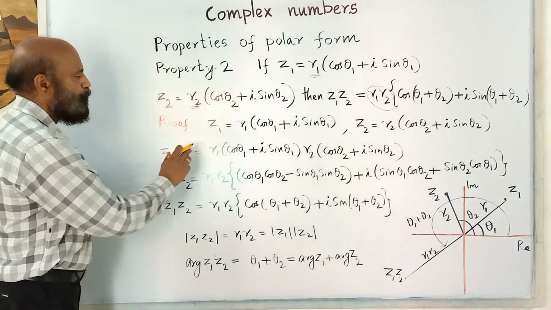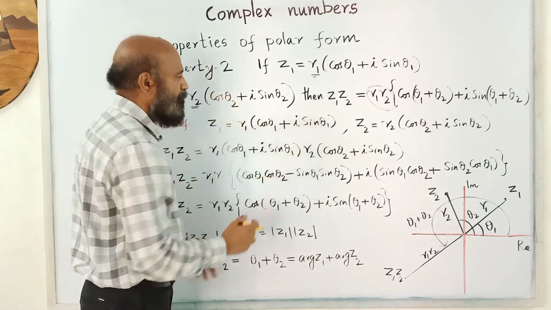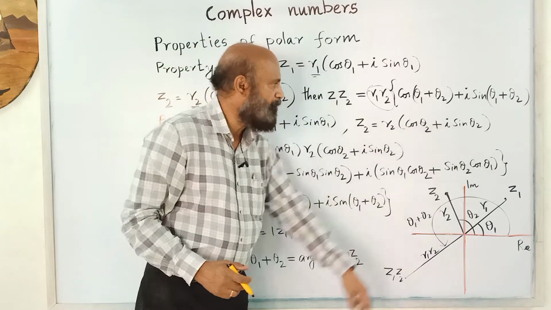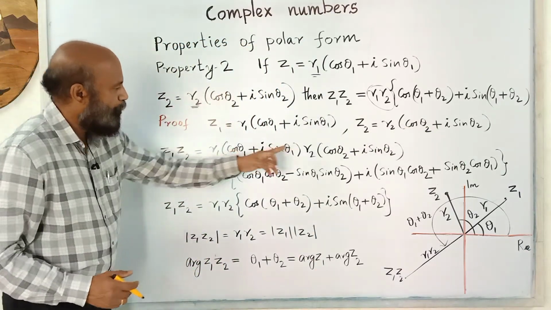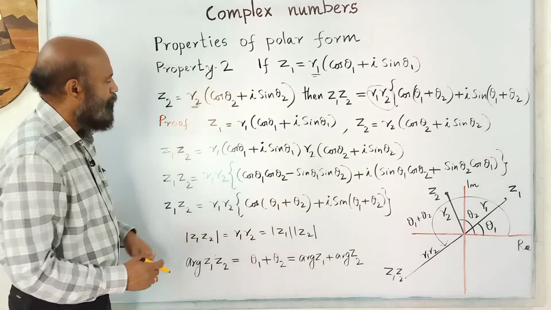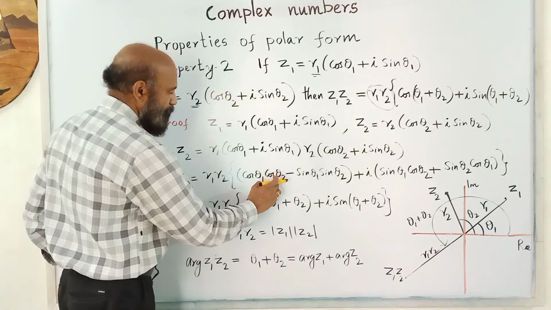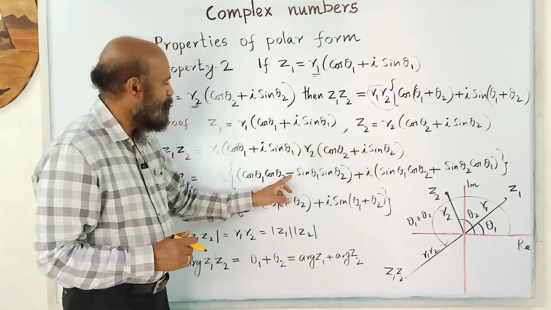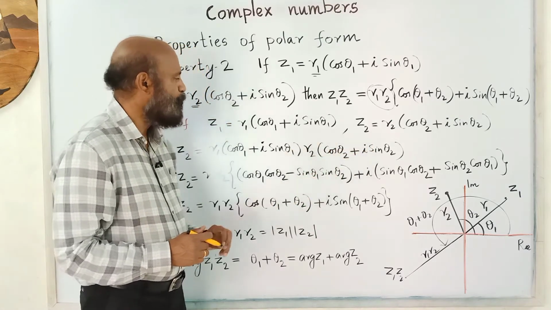Now let us see the proof. z1 is r1 cos theta 1 plus i sin theta 1. z2 is r2 cos theta 2 plus i sin theta 2. So when you multiply, r1 into r2, cos theta 1 into cos theta 2, i into i, i square is minus 1, so minus sin theta 1 sin theta 2.